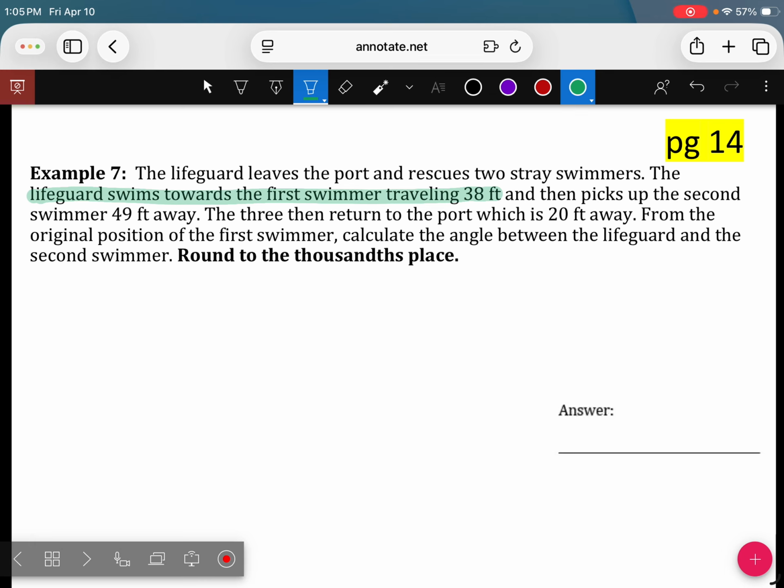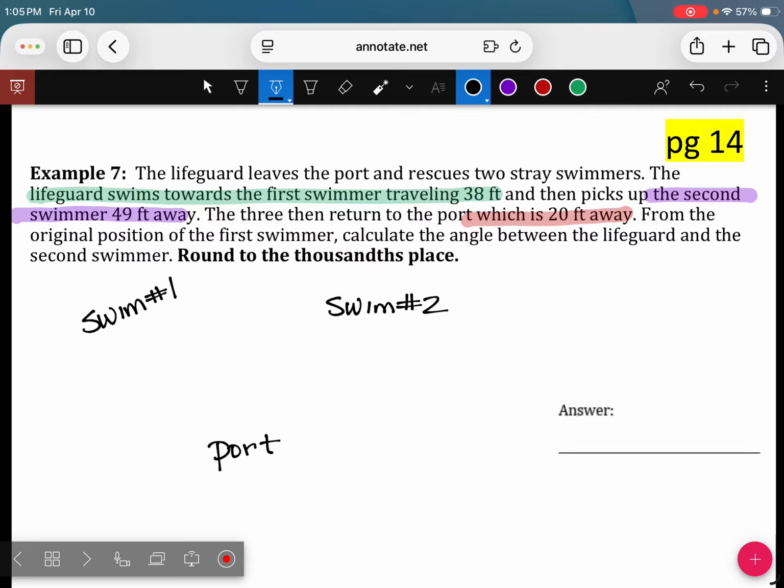Then he's going to go directly to the second swimmer and travel 49 feet. And then all three of them return to the port, which is 20 feet away. So what we have here, we have a port, we have the first swimmer, we have the second swimmer. We got our triangle.